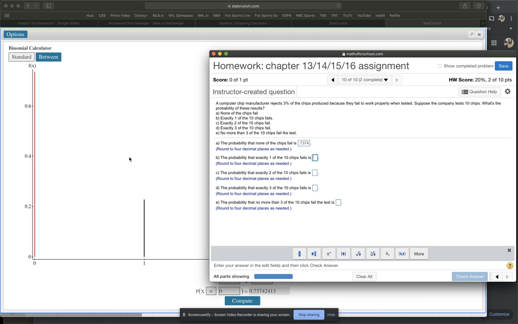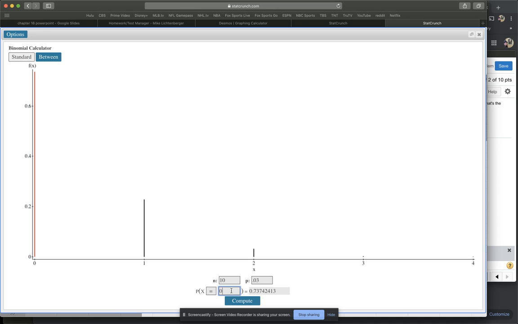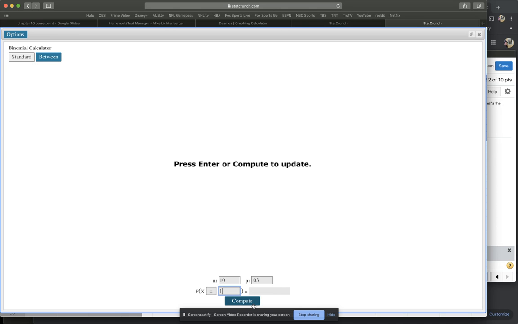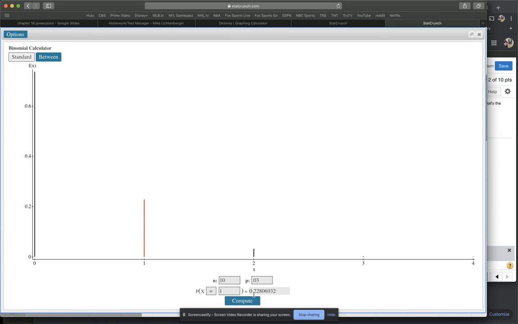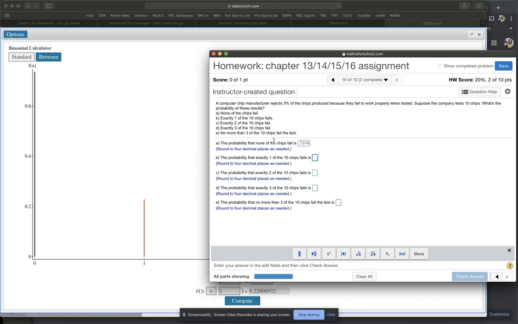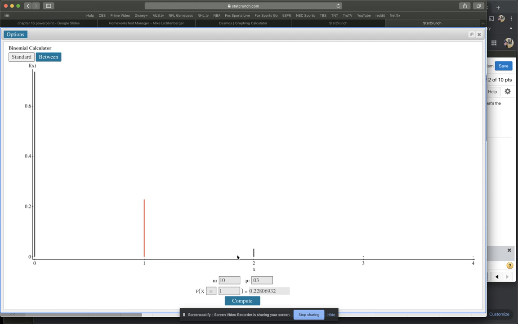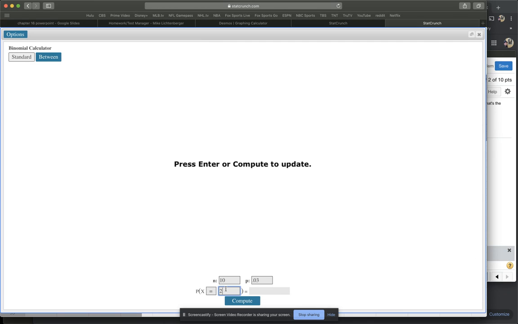Probability that exactly 1 of the 10 chips fail. So change this to a 1. So 4 decimal places will be 0.2281. Probability that exactly 2, so change the 1 to a 2.